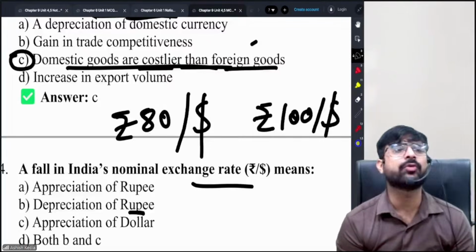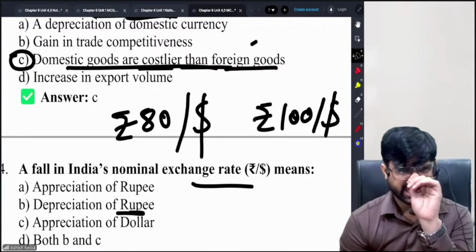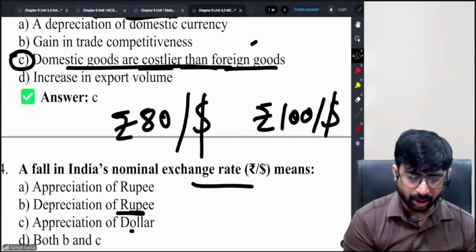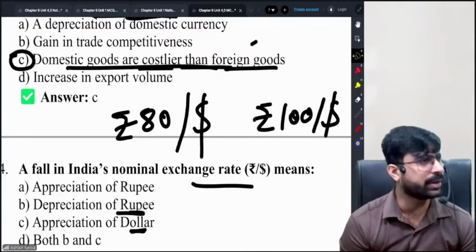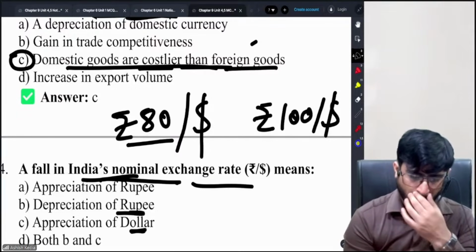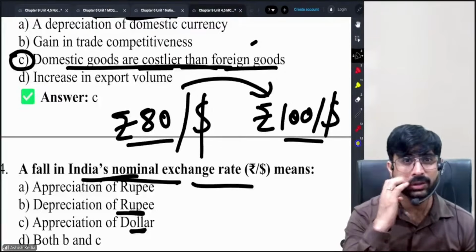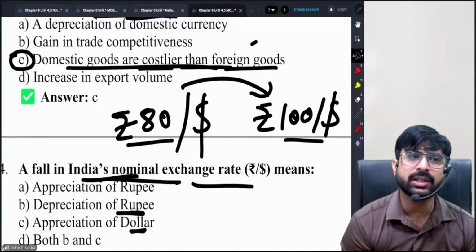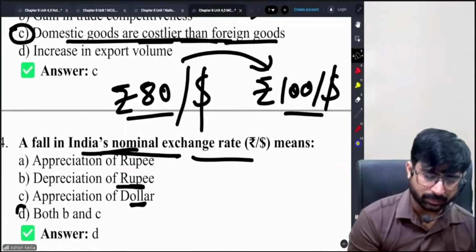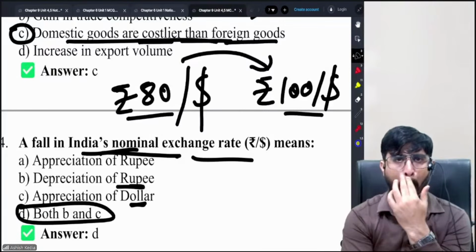So depreciation of rupee and appreciation of dollar, both are happening. So dollar's value has increased, rupee's value has decreased. So D is the correct answer, both B and C.